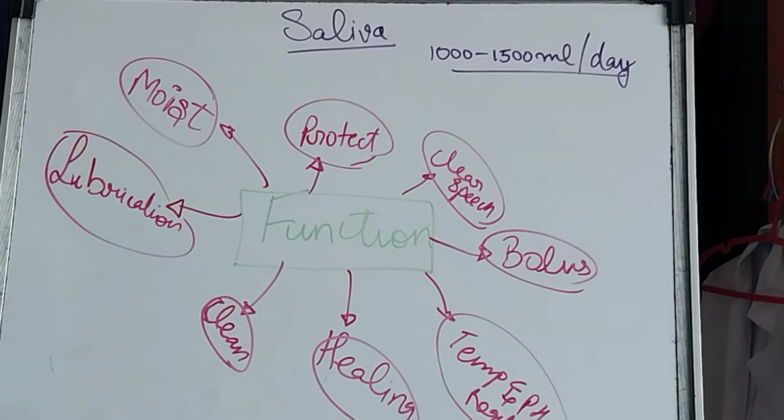As we are learning the functions, we can also learn the composition of saliva, because the composition of saliva, that is water and inorganic and organic substances, helps in these functions only. So as we can see, there is 99% of water in the saliva.